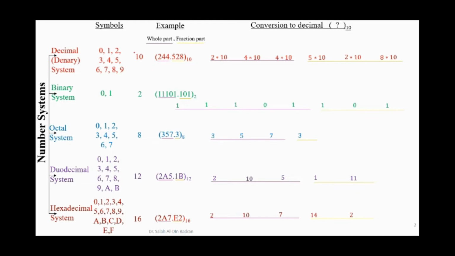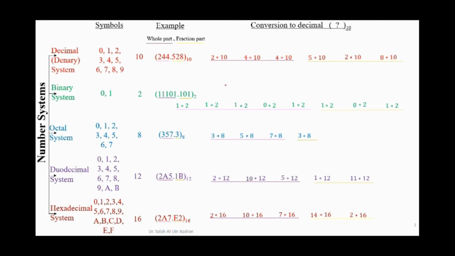Say we use 10 to multiply all of these numbers. We will multiply the binary numbers by 2, the octal numbers by 8, the duodecimal by 12, and the hexadecimal by 16. This is the first step: multiplying these numbers by the total number of symbols of the corresponding system.